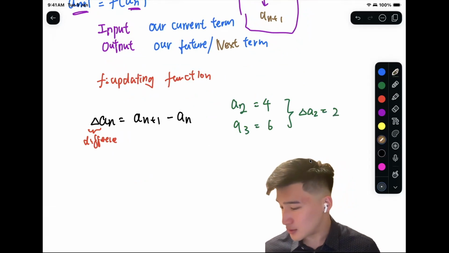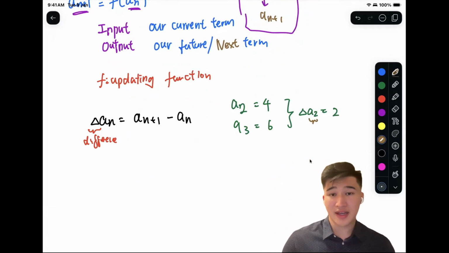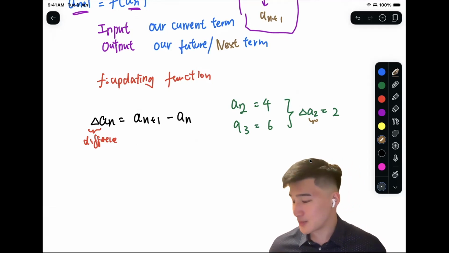And we denote the previous term, or the starting term, next to the delta. So delta a(n) basically means the difference between our current term and our next term. To find the answer, all we've got to do is take the future term and minus our present term.